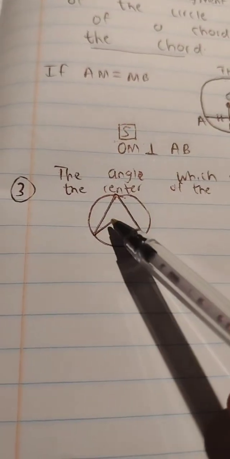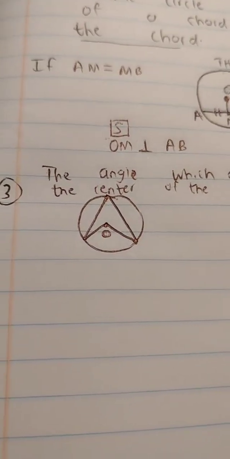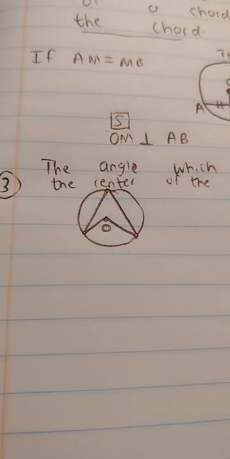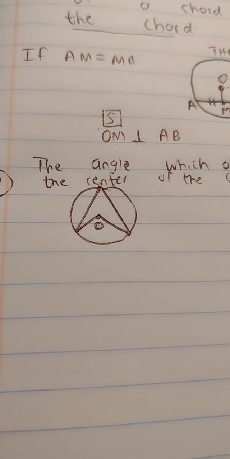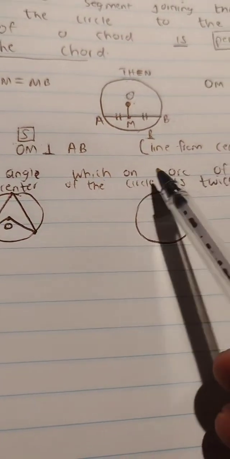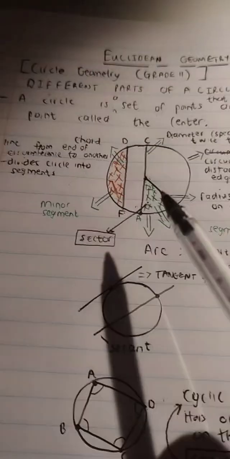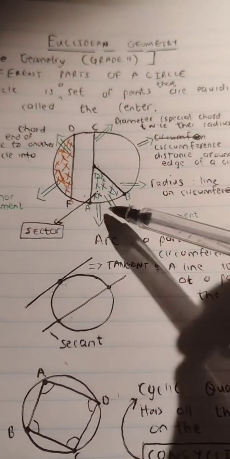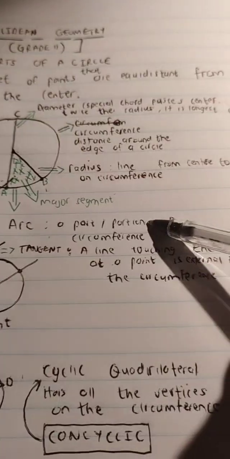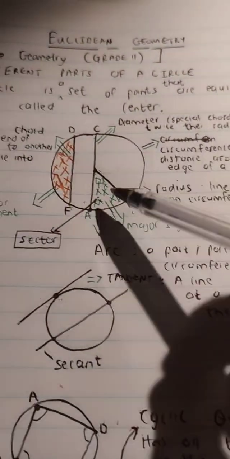Then the fourth point is not at the circumference, but it is at the center. Please take note of this. Right. So what we are saying is the angle which an arc, guys, do you still remember what an arc is? We said an arc is a part or a portion of a circumference.